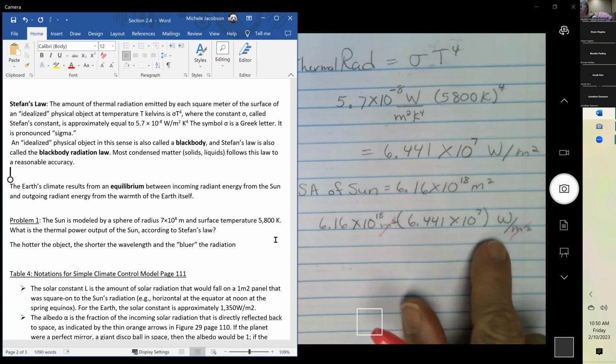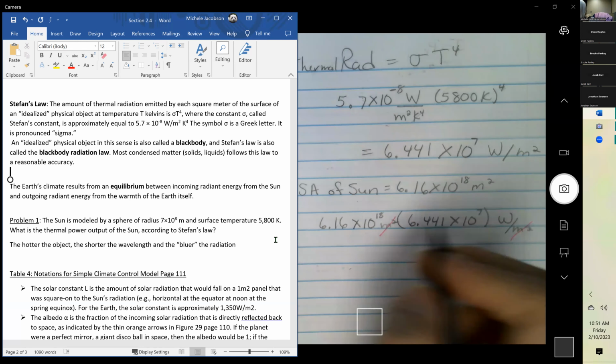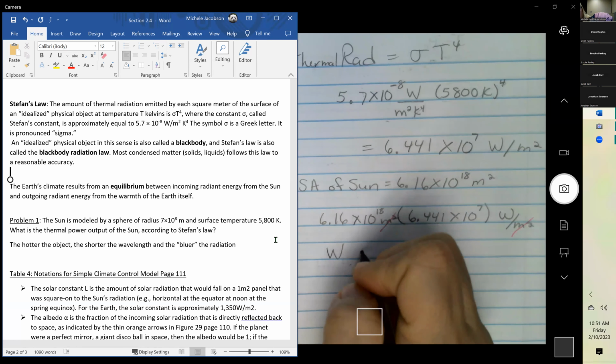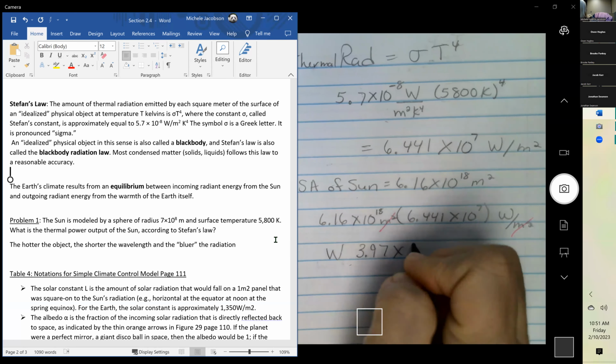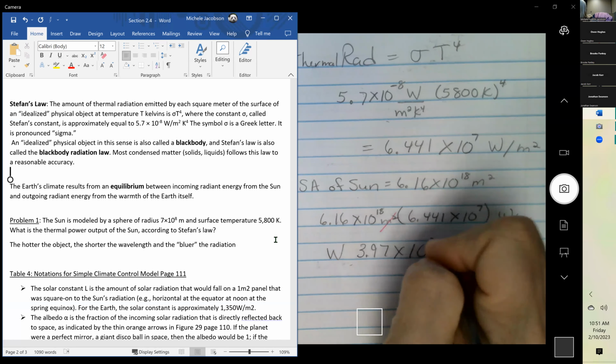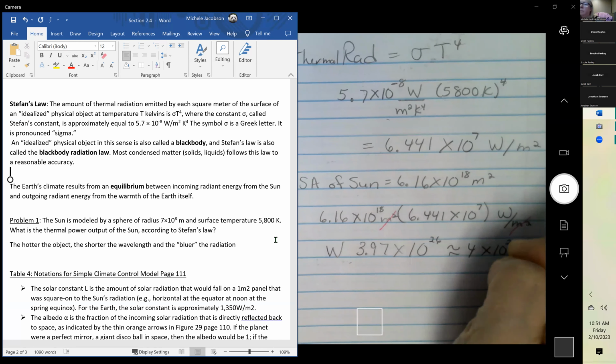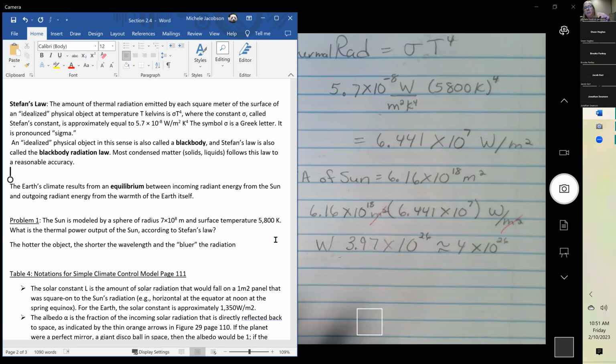So that's the number of watts that it is emitting. You should get around 3.97 times 10 to the 26. So that's how much heat the sun is emitting or sending us.